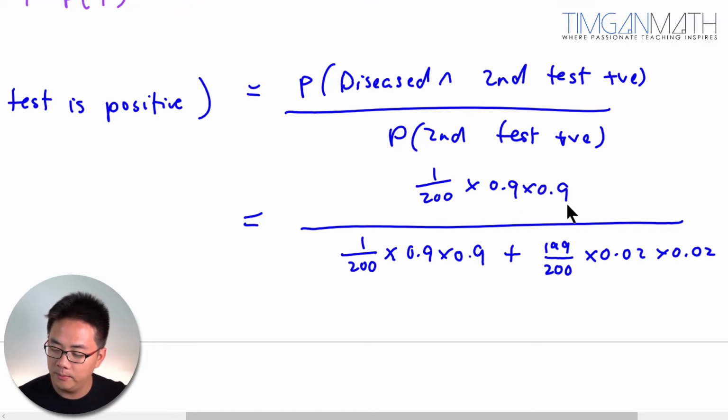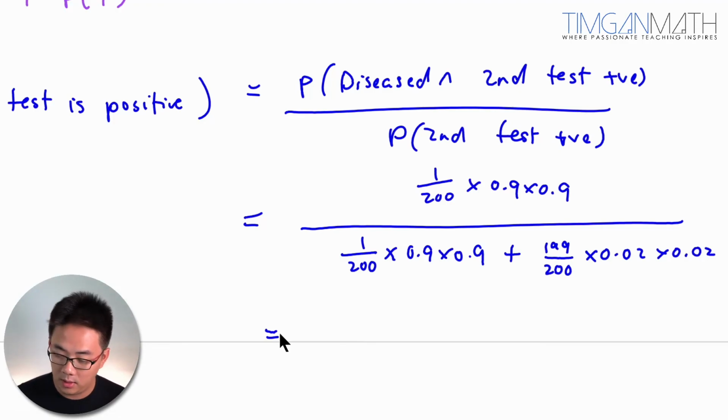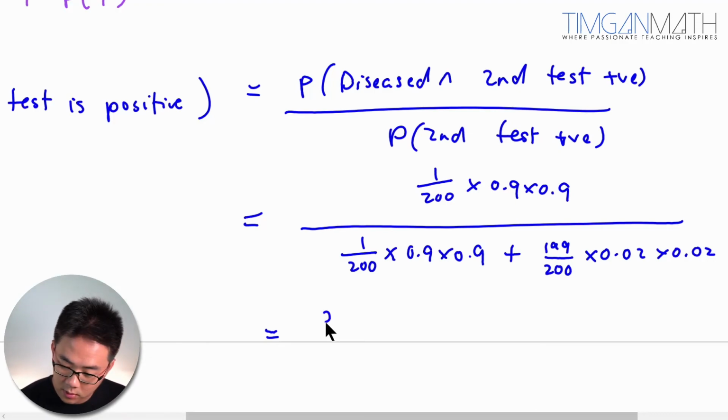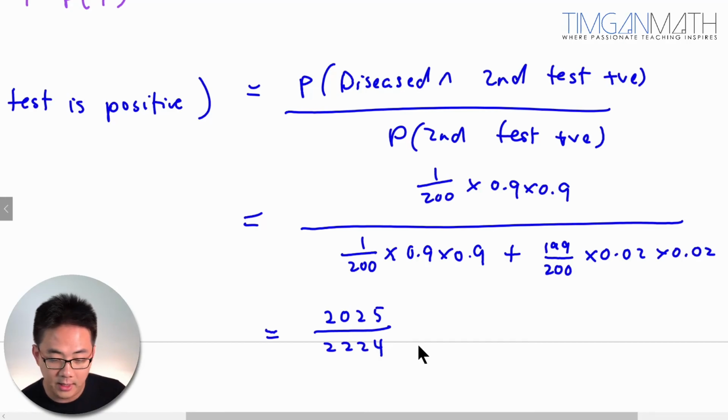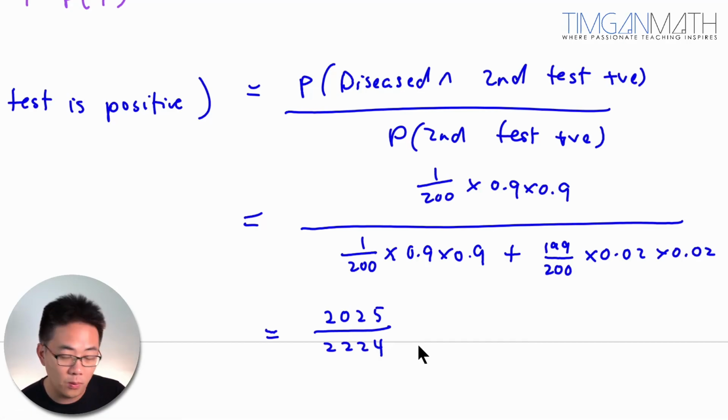Just key in the calculator and you should get the answer here: 2025 out of 2224. That is about 91%, 91.1%, which is quite okay, I think.